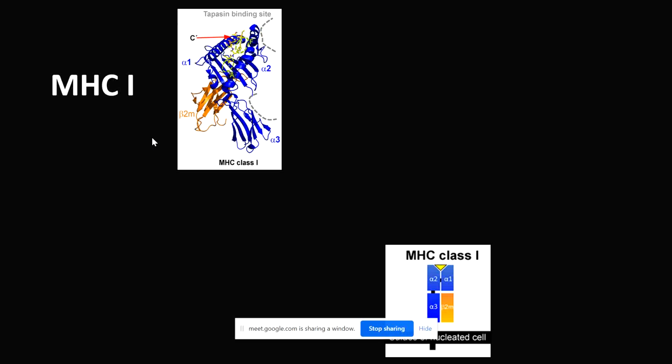Now the class 1 alpha chain consists of a single polypeptide composed of 3 extracellular domains. Can you see them? They are alpha 1, alpha 2 and alpha 3. It also contains a transmembrane region that anchors it in the plasma membrane, and a short intracytoplasmic tail.